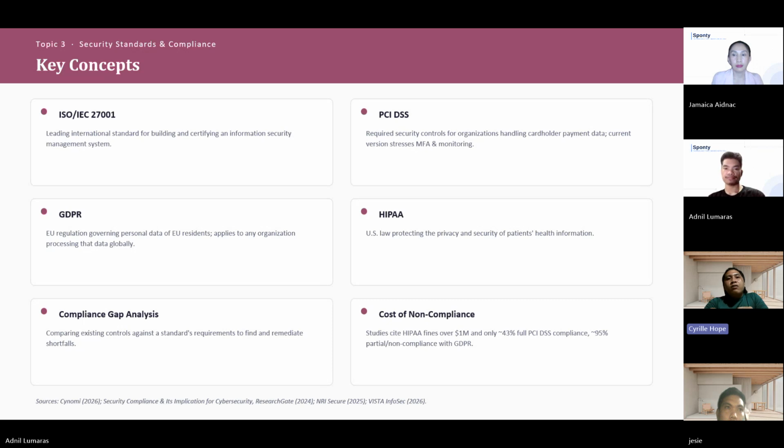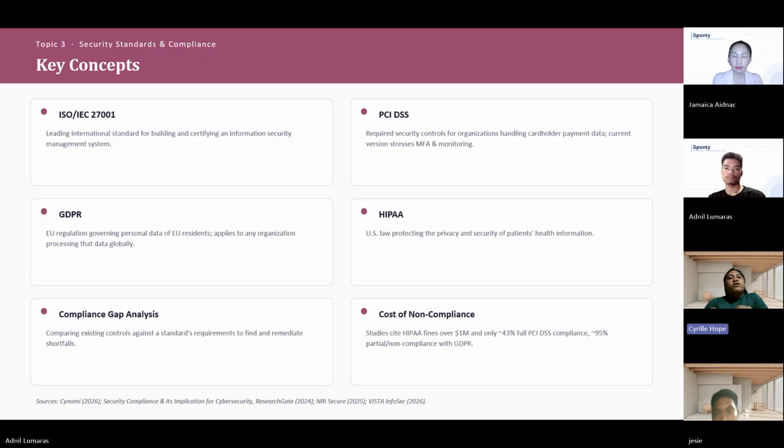A healthcare technology company that processes payments, for instance, may need to comply with HIPAA, PCI DSS, and possibly GDPR at the same time, each with its own audit cycle, documentation requirements, and terminology, which is why many organizations look for overlapping controls across frameworks rather than treating each one as a completely separate project.